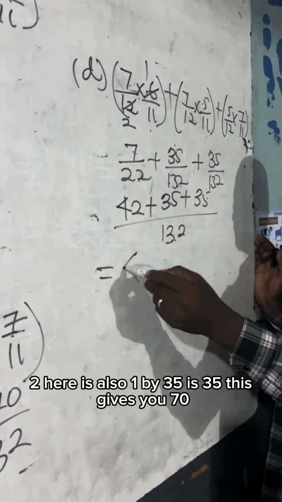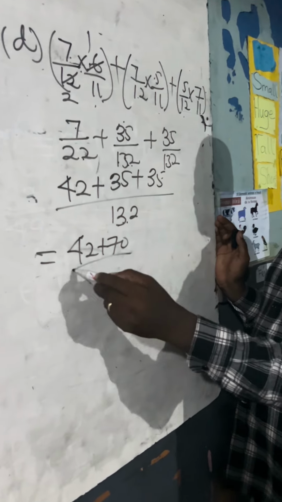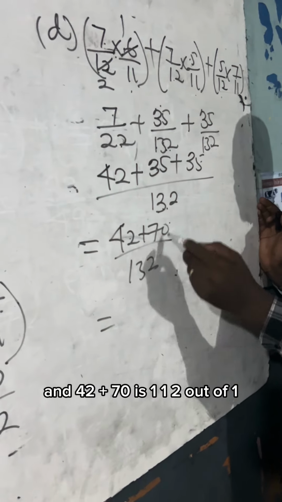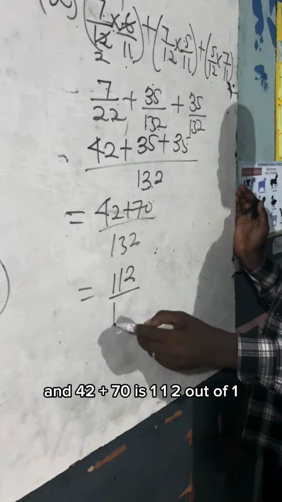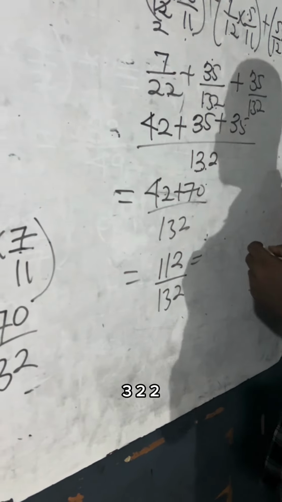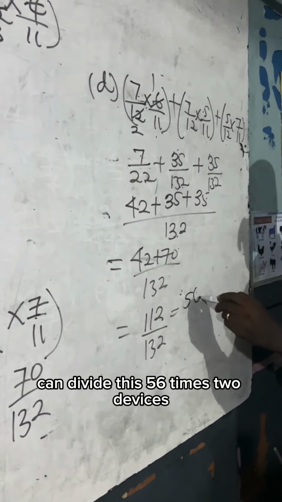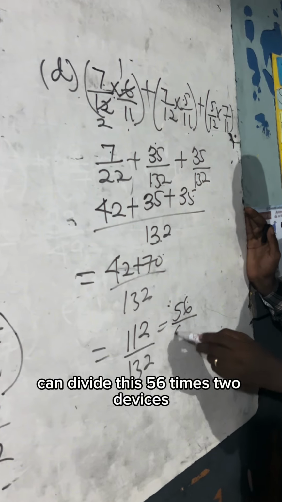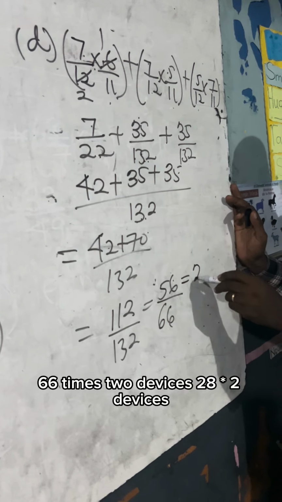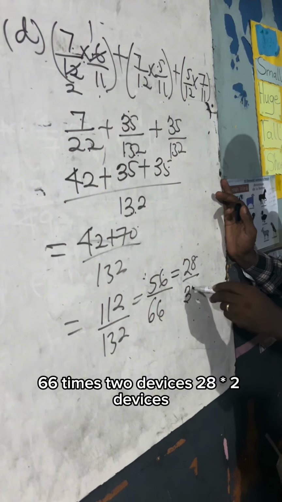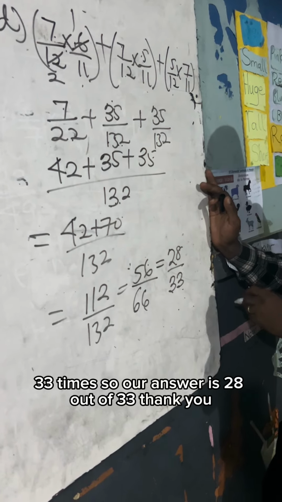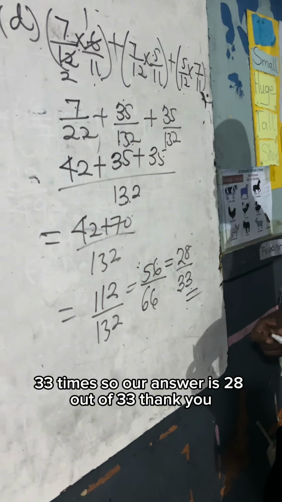This gives you 70. And 42 plus 70 is 112 out of 132. 2 can divide this: 56 times. 2 divides this 66 times. 2 divides this 28 times. 2 divides that 33 times. So our answer is 28 out of 33.